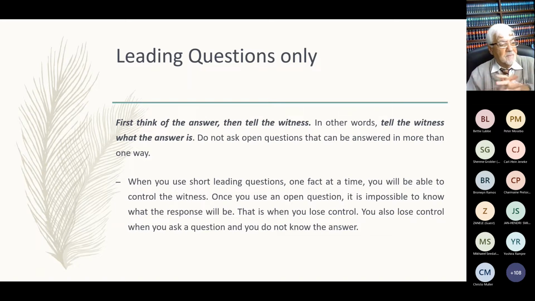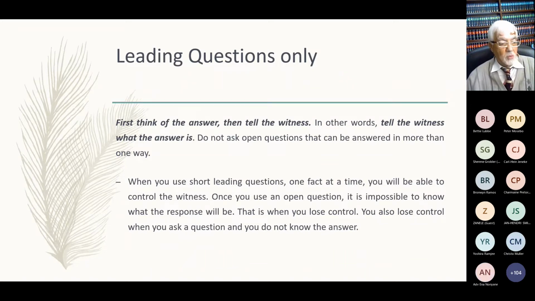When you use short leading questions, one fact at a time, you control the witness. And that way, you control the evidence. The reason why you want to control the witness is because you want to control the evidence. Once you use an open question, it is impossible to know what the response is. Then you lose control.